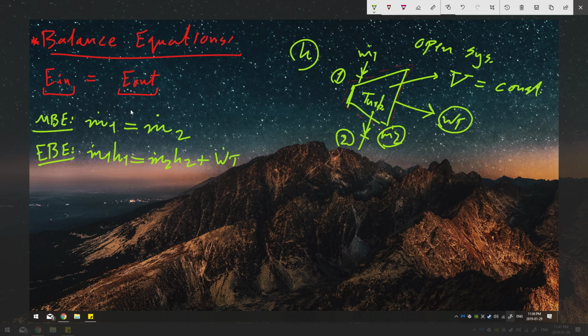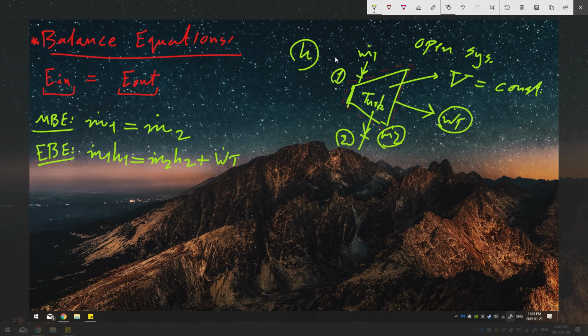Now, if you know the mass flow for the turbine, and of course you know that m dot 1 is equal to m dot 2, right? Which means that you can also figure out the work of the turbine if you know the temperature at state 1 and the temperature at state 2, and you need pressure also, right? So if you have isentropic, it's a long process.